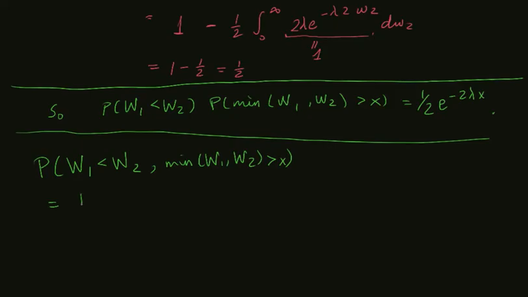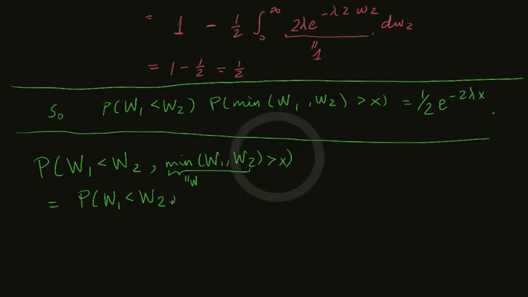First of all, we notice that if we consider an event where W1 is smaller than W2, and the smallest of them has to be greater than x, then when W1 is smaller than W2, the smallest of the two is equal to W1.